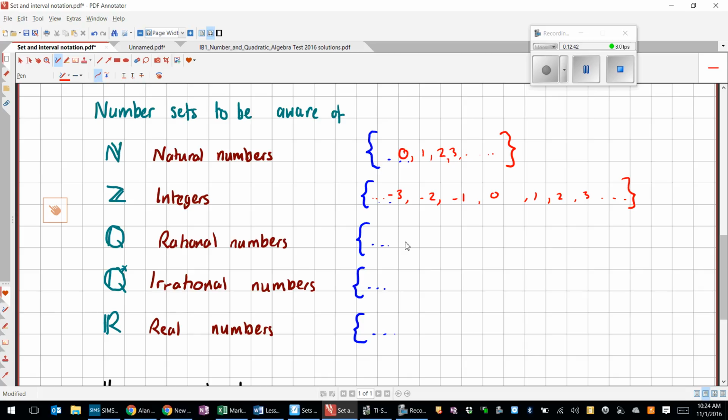The definition of a rational number is any number that can be written as a fraction, like 1/4, a half. But actually, all integers are rational because 2 can be expressed as 2 over 1, 4 over 2, 6 over 3.